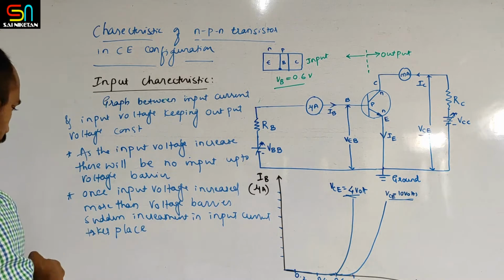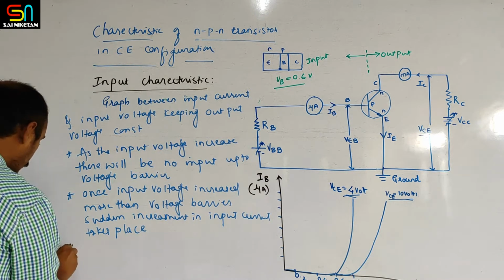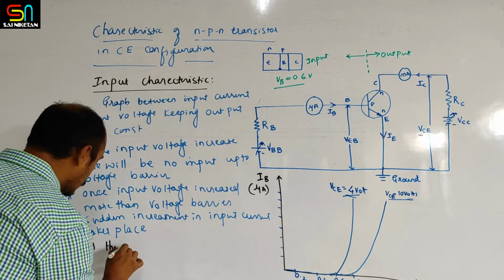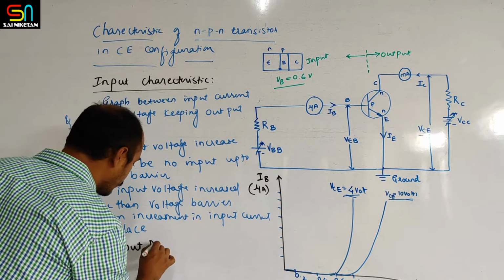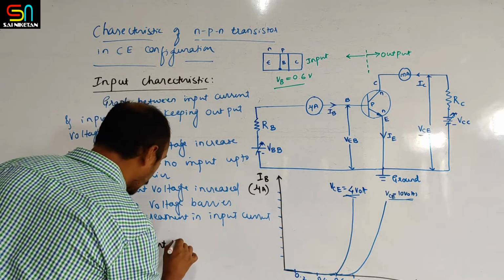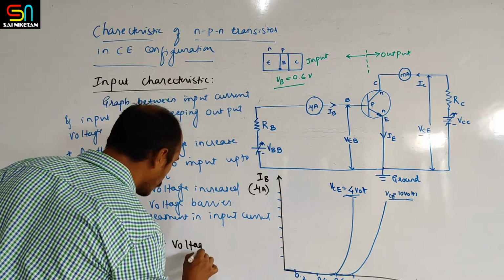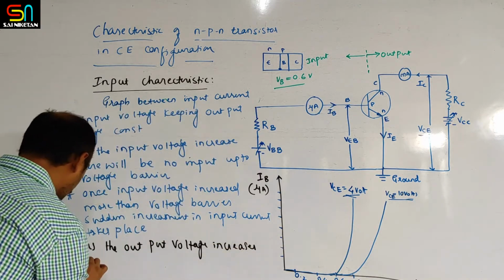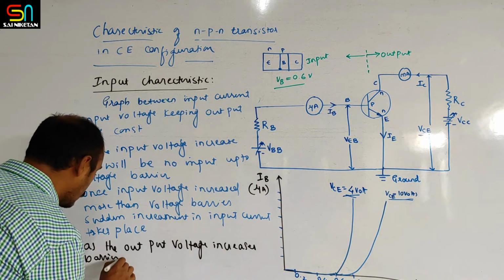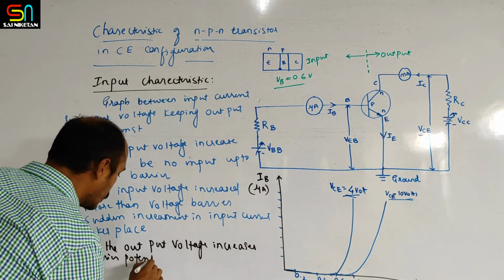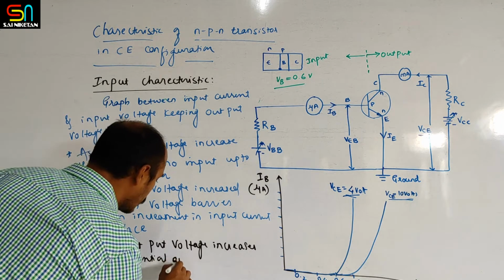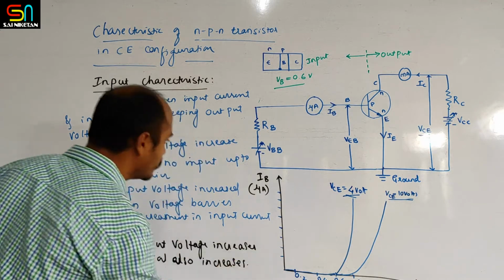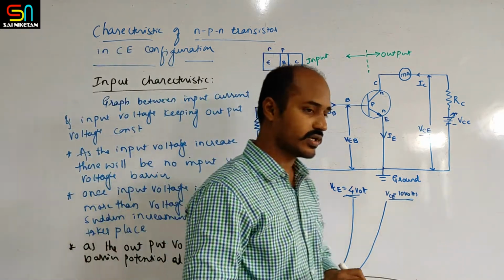And one more point we have to add. That point is, as the output voltage increases, the barrier potential also increases. So these 3 points you have to add in your notes while writing the notes regarding this.